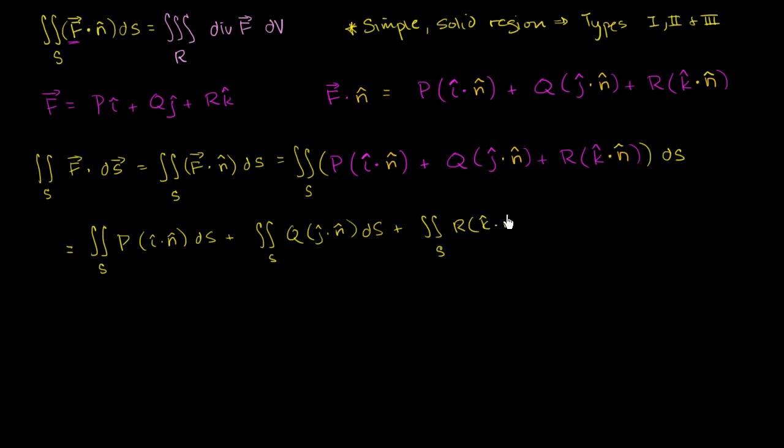I forgot a caret. So I just broke it up. We were taking the integral of this sum, and so I just rewrote it as the sum of the integrals. So that's the left-hand side right over here.